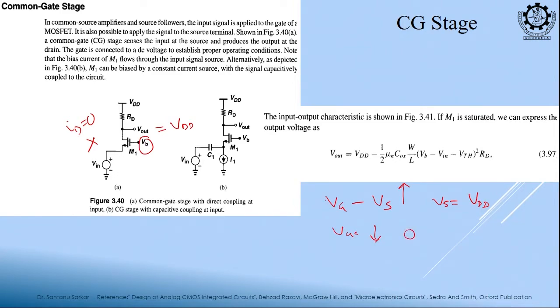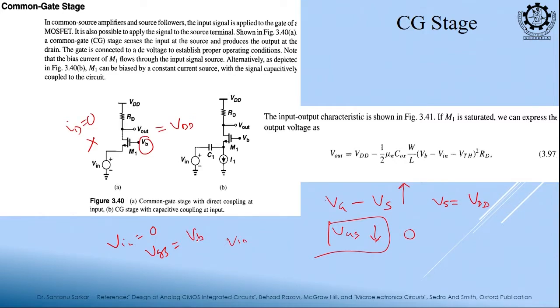Again, do not take it that in the previous case it was different, now it is different, because in the previous case my source was at the gate. So, if the input was increasing, VGS was increasing, but in this case if the input is increasing, VGS is decreasing, because it is at the source and it is subtracted, right. So, when Vin is equal to 0, how much VGS am I getting?